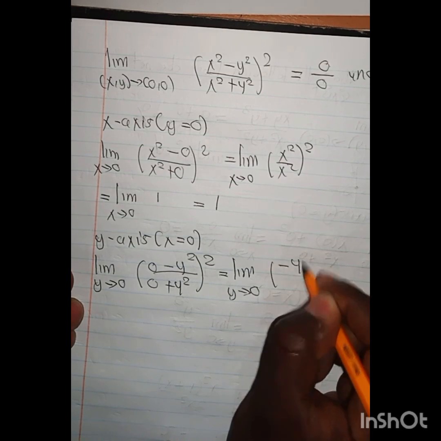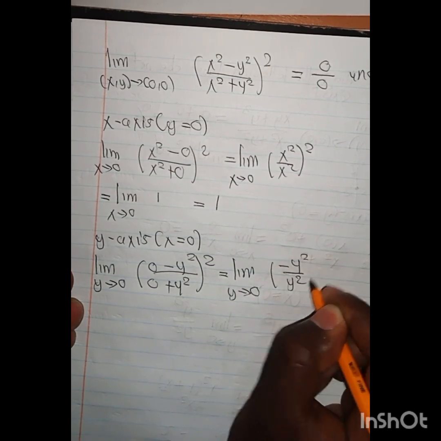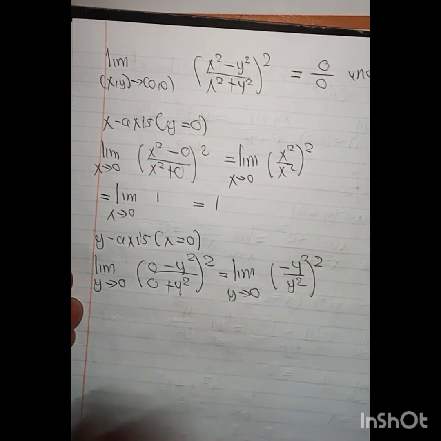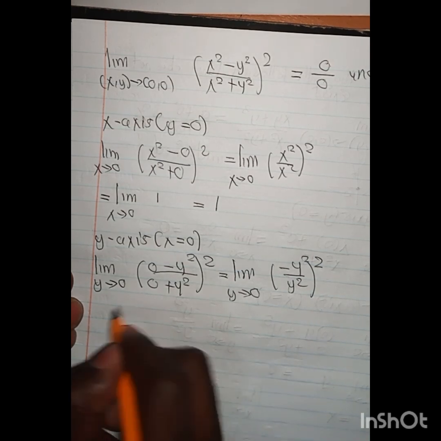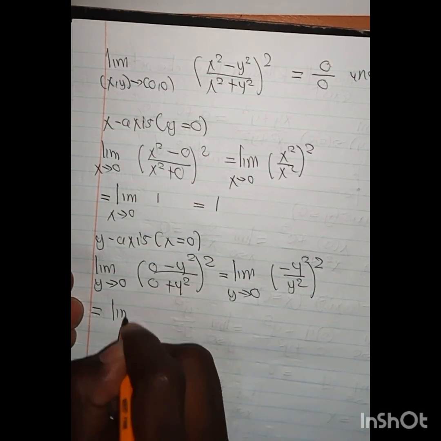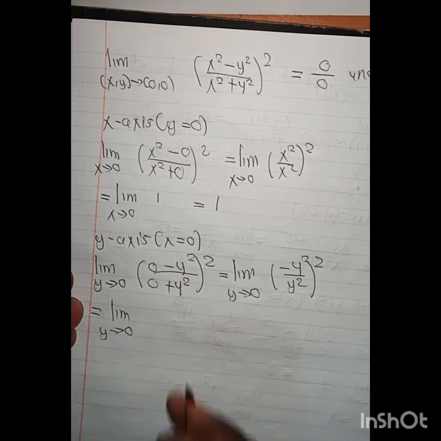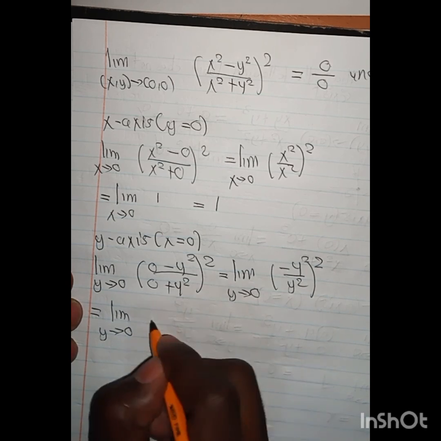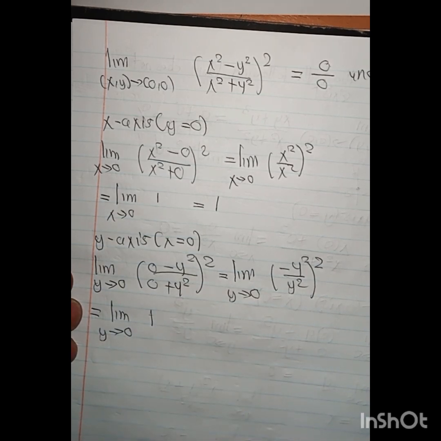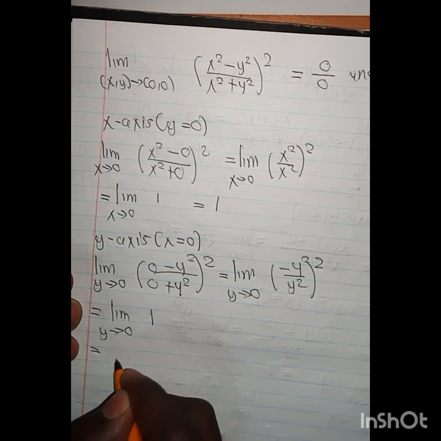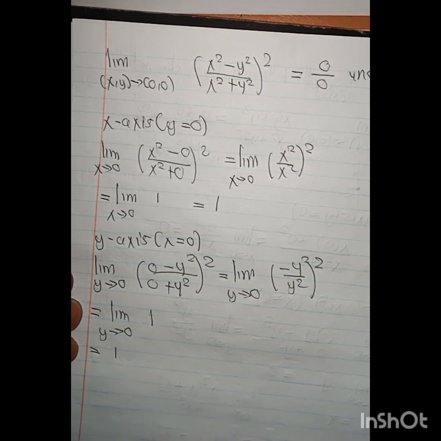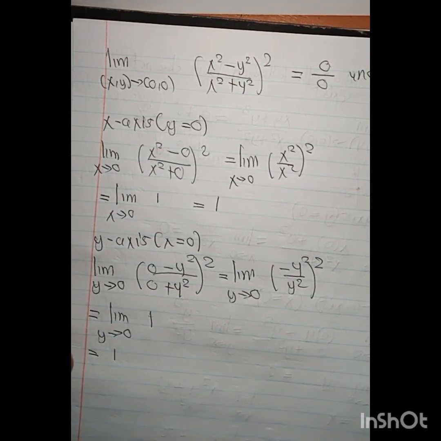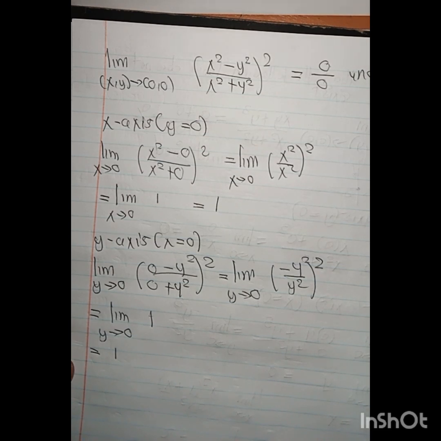It means we'll have minus y squared over y squared, then you raise everything to the power 2. This is minus 1. Minus 1 to the power 2 is just a 1. And then this will give us 1. And it does not mean that the limit will exist. Remember, we were told that this limit doesn't exist. All we have to do is prove it.